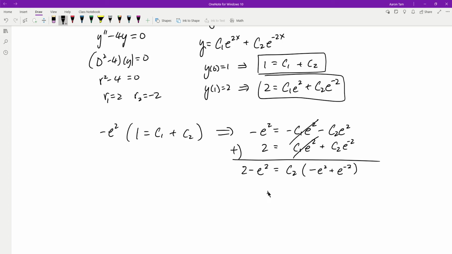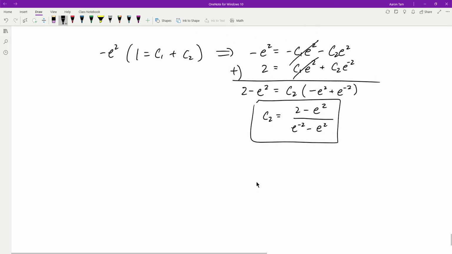And now I can solve for c2. Well, c2 would equal 2 minus e squared over e to the negative 2 minus e squared. That becomes my c2. Yes, it's not pretty, but that's one of the issues with boundary value problems.